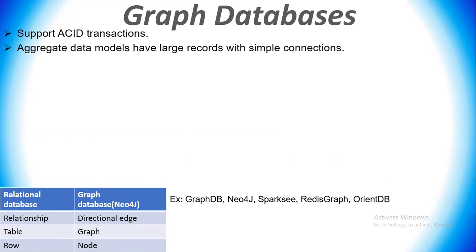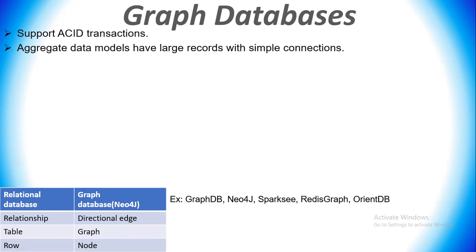If you compare row sizes, the graph model has the least size, the relational model row size is average, and the aggregation model row size is the largest.